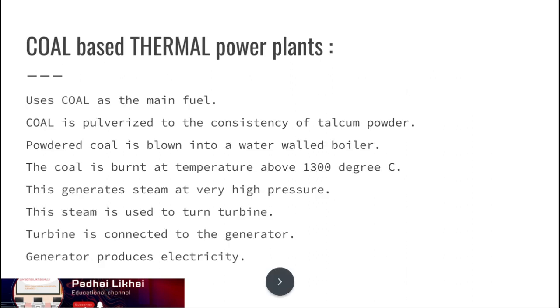Okay, so let us talk about this coal-based thermal power plant, which is a very popular power plant in India, using coal as the main fuel. The coal is pulverized or crushed to the consistency of talcum powder.